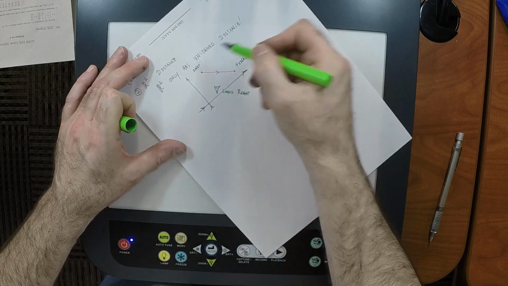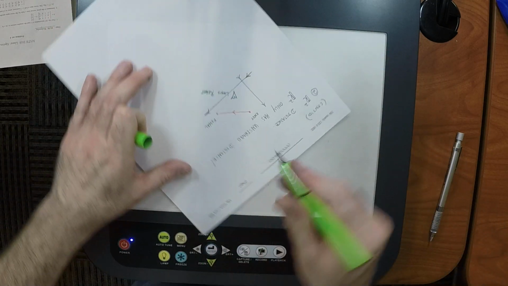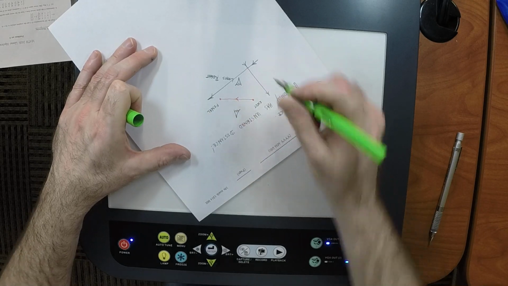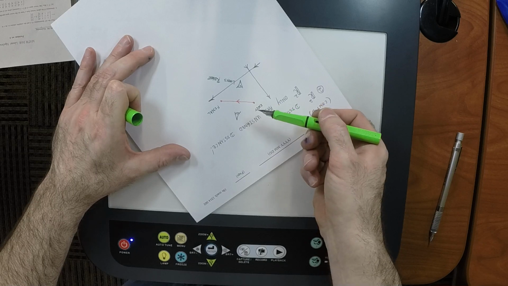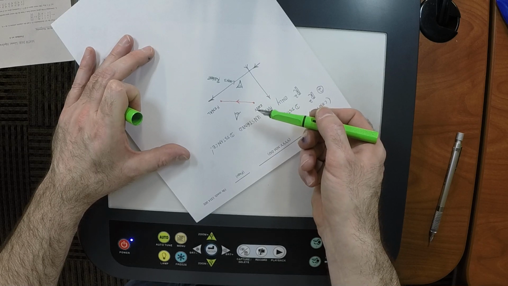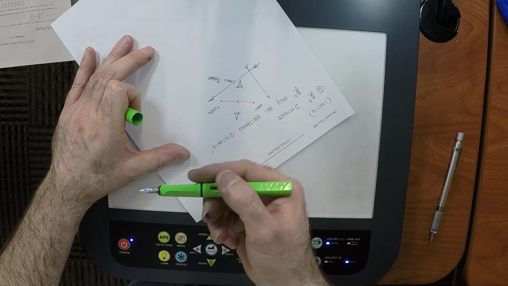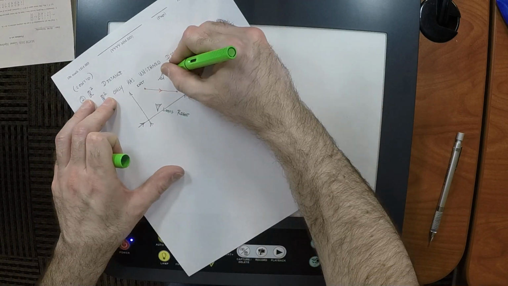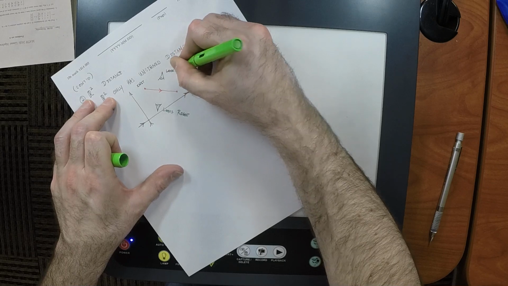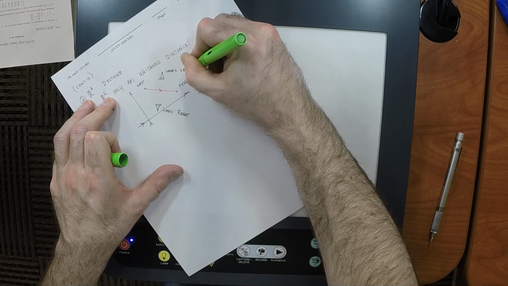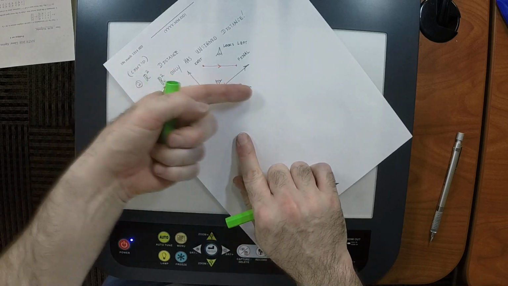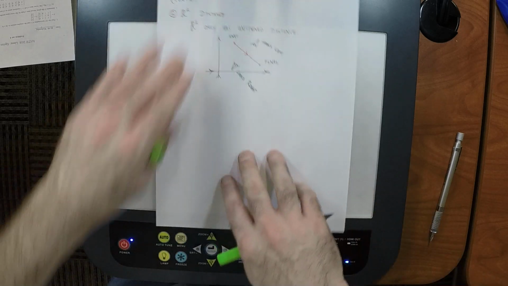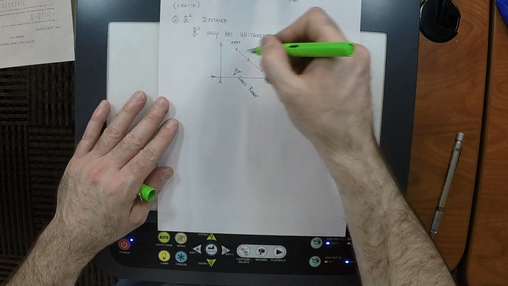But if you walk around to the other side and look at it like this, then what does it look like now? Looks like it's going to the left. And that's just a matter of walking to the other side.